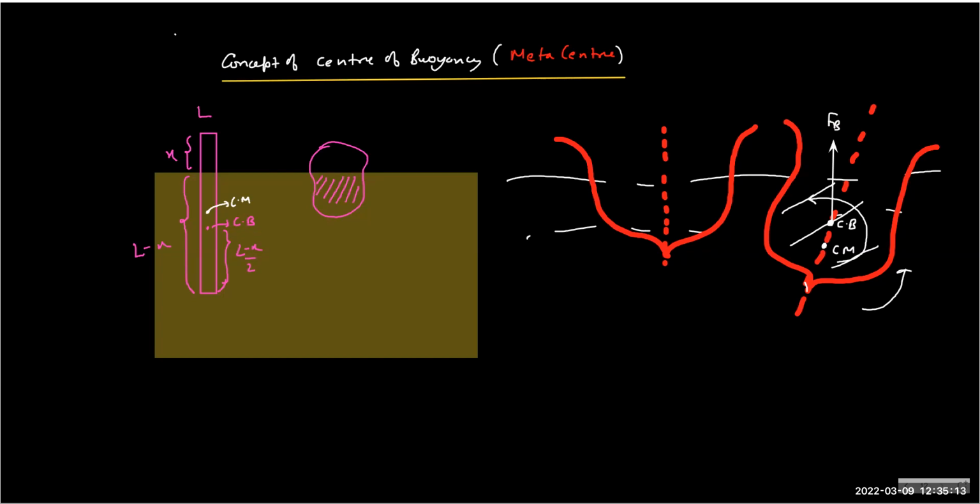Of course, if there is a leakage of water, if water sinks in, then there will be a shift in the center of mass and things will be very dangerous. So imagine a situation in which the center of mass is above and the center of buoyancy is below. See the dangerous situation.